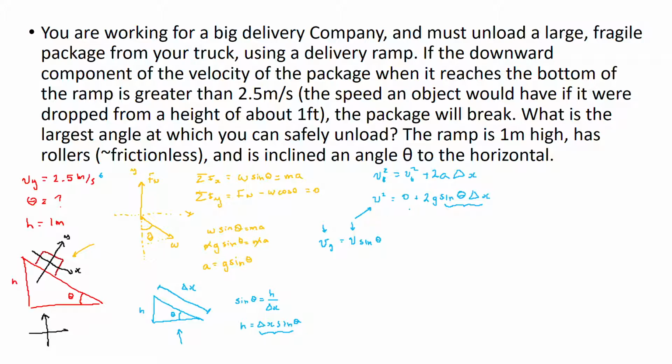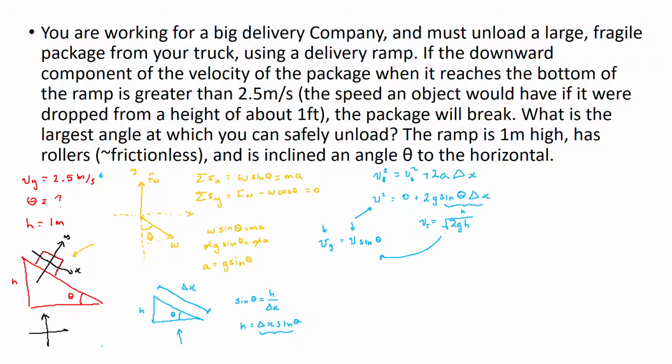So the total velocity is equal to the square root of 2 gravity h. Now this velocity is the total velocity; I'm going to write a little t down there. So from there, I just have to plug it into here.